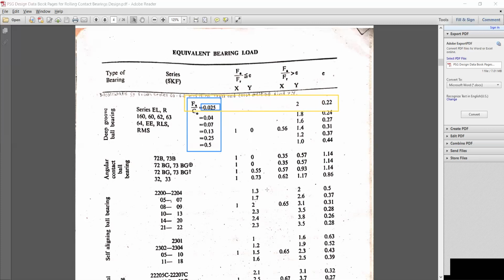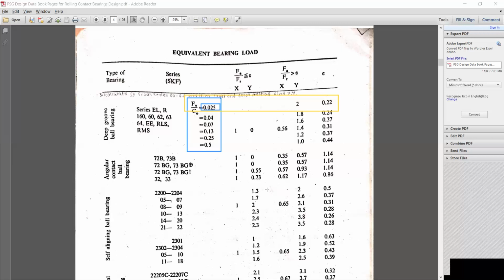Now the next condition, we need to check whether the value of Fa upon Fr is greater than the value of e. Here the value of e we get is 0.22. We need to find out whether 0.22 is greater or lesser than Fa upon Fr.